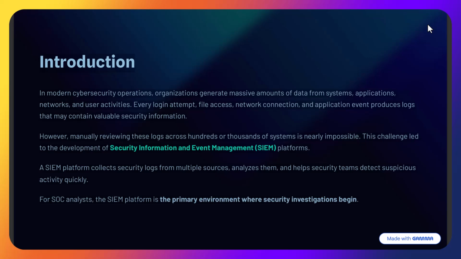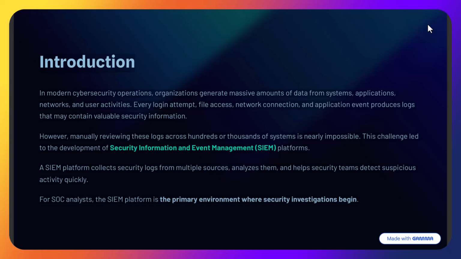A log is simply a record of an activity that occurred inside a system. For example, when a user logs into a computer, a log is created. When someone opens a file, a log is generated. When a computer connects to a network, that activity is recorded in a log.